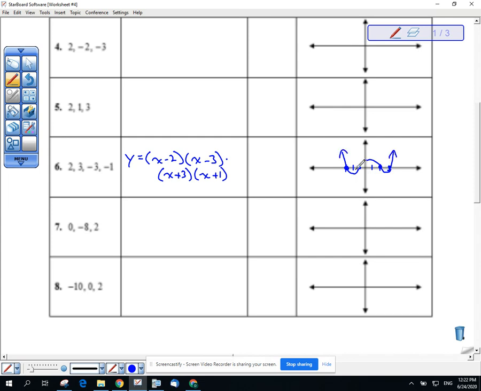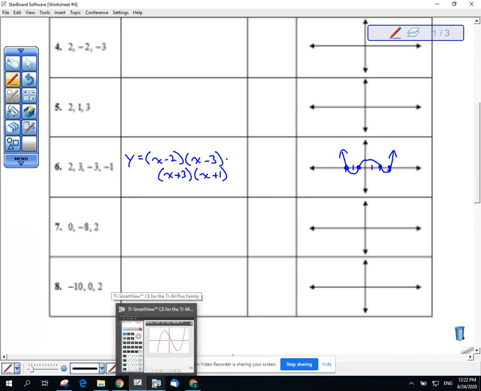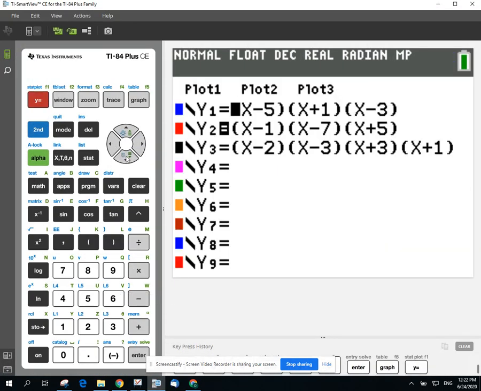So something like that. Now I wanted to show you this one also on the graph because it is going to look a little bit different than what I showed, just because the calculator can be more accurate than I can be. And there are some things about this that we're not teaching you yet today. You're getting somewhat of an overview lesson of a more in-depth lesson that you'll get in Algebra 2.